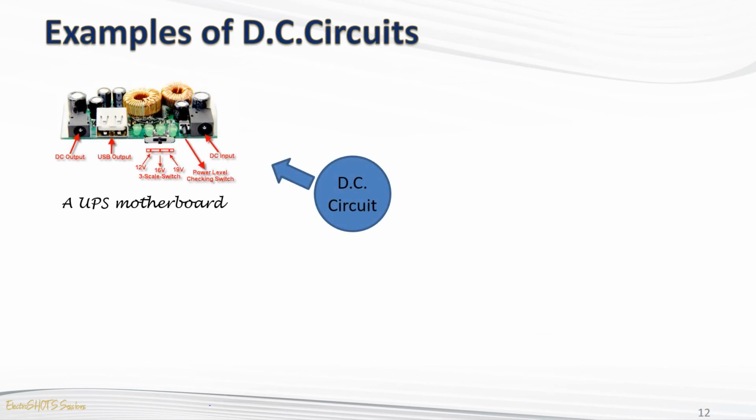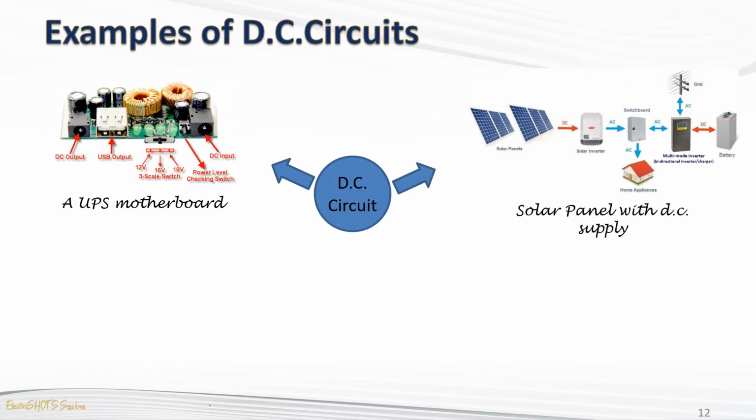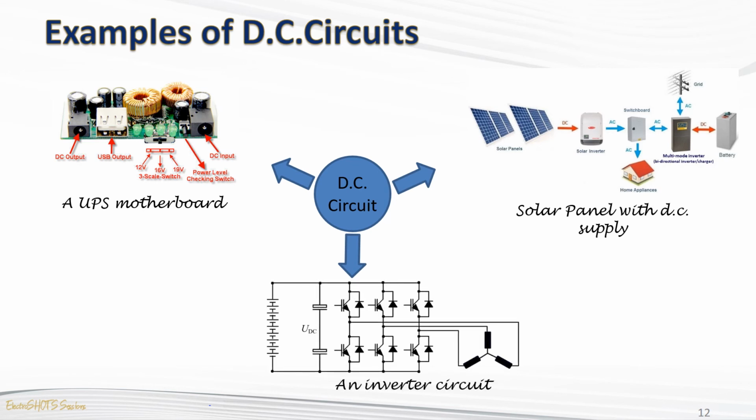Some examples of DC circuits which we can spot around us are the UPS motherboard. UPS stands for uninterruptible power supply, which is linked to a computer system, either at home or in offices or in industrial areas.